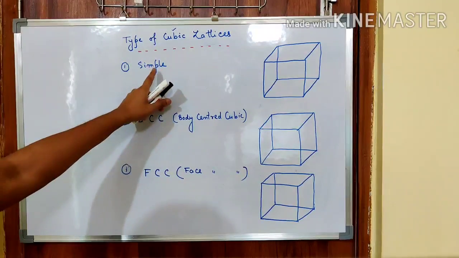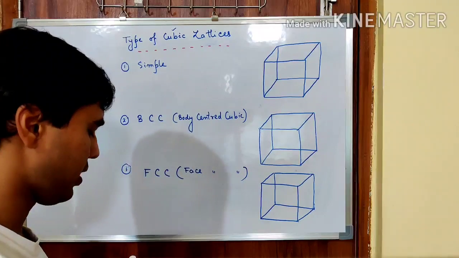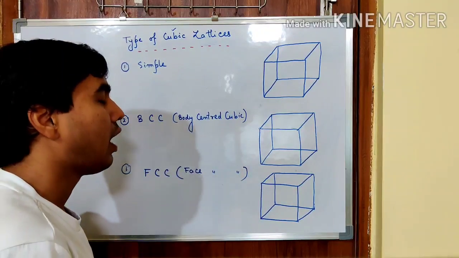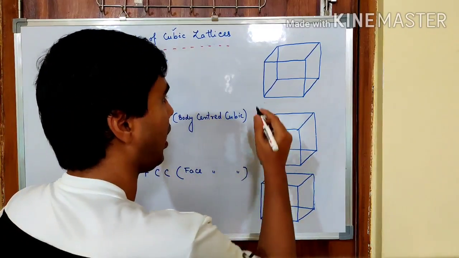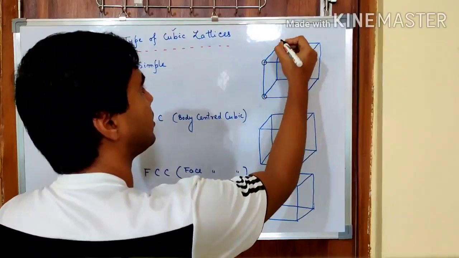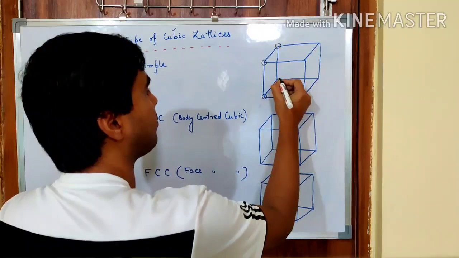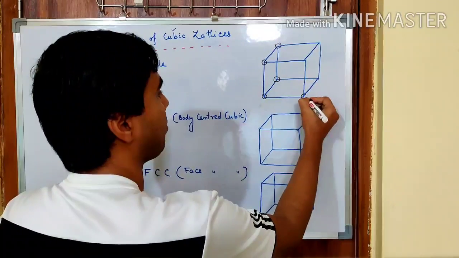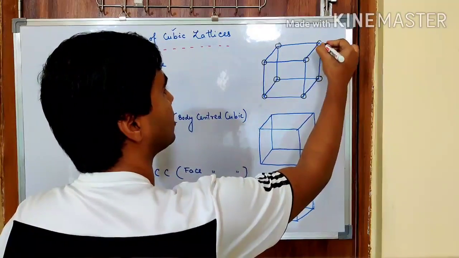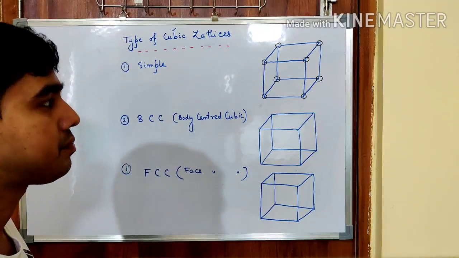So in order to understand the simple cubes, what happens is the atoms or the constituent particles are only present at the corners. Here only. They are only occupying the corners. Nothing else.